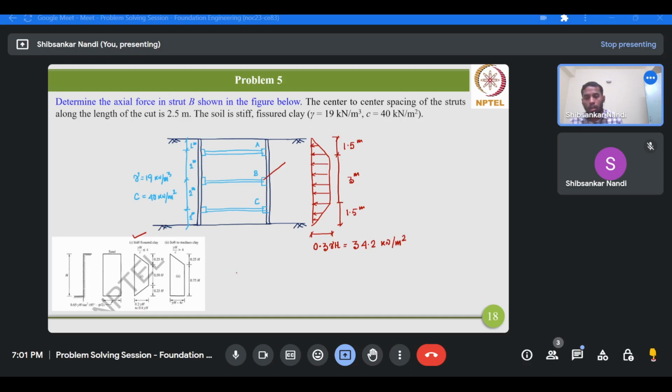So for this calculation, we'll consider an average value of these two, that means 0.2 plus 0.4 divided by 2, that is 0.3 times gamma h. Either you can go for 0.2, in which case you will be on the unconservative side, and if you consider 0.4 times gamma h, you will be on the conservative side.